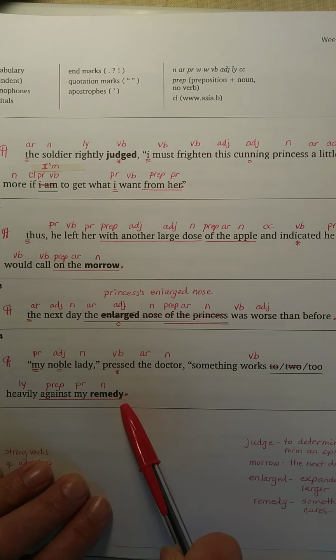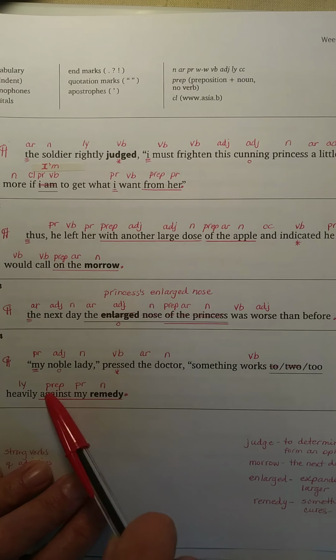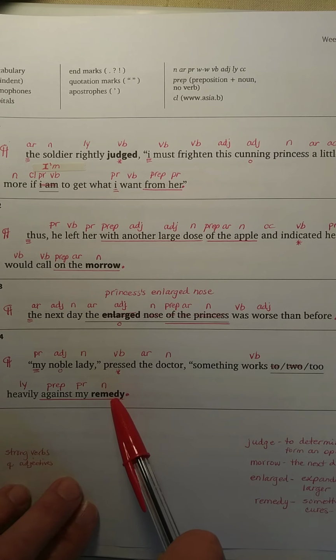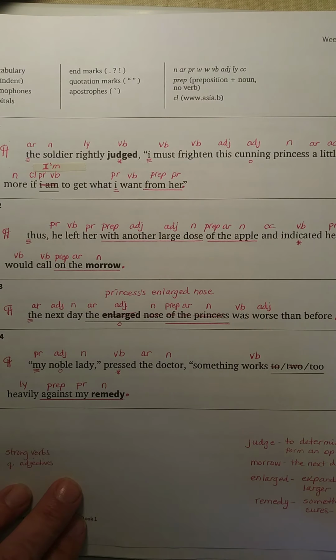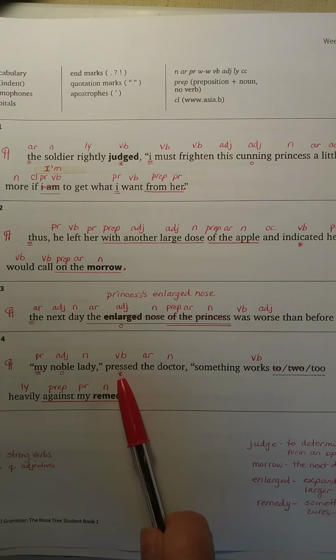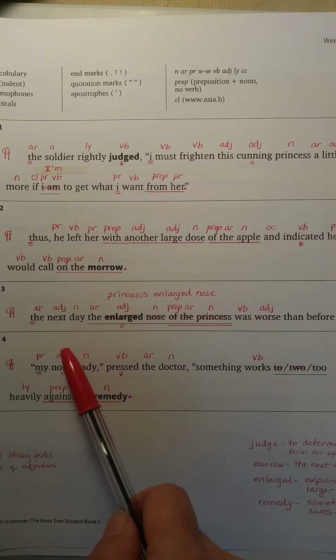Underline your prepositional phrase. Again, you have your preposition and you have a noun. No verbs in prepositional phrases. If you're not sure if it's a prepositional phrase or not, look and see if it has a verb that follows it. And if it does, it's not. All right, so I put stars by a couple of words. Pressed, judged, and one more.